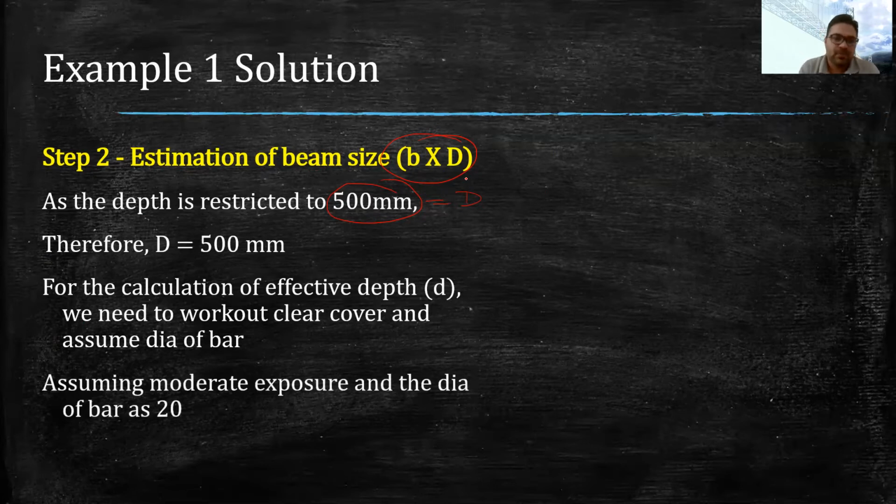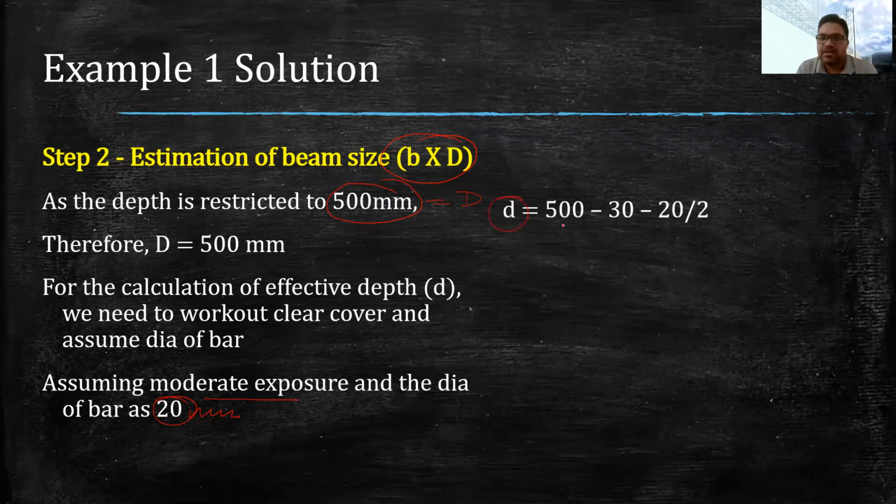So we will assume the moderate exposure and the dia of bar, say 20 mm. After that, we can find out the effective cover, and with that, we can find out D. D will be 500 minus clear cover minus half of the dia of the bar. And D provided will be 460 mm.